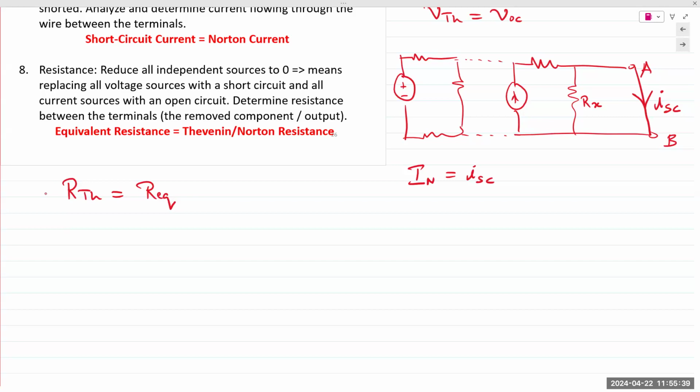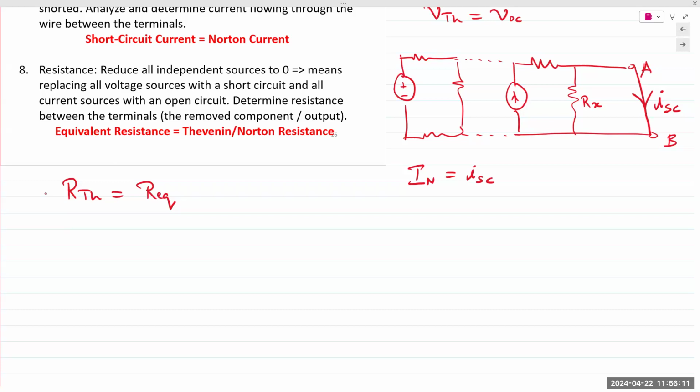So the way we remove the sources is by applying the concept we learned during superposition. We reduce all sources to zero. Voltage sources are replaced with a short circuit. Current sources are replaced with an open circuit. The only thing left in that circuit now are a bunch of resistors. You find Req between those open terminals, the total equivalent resistance, and that is your Thevenin resistance.